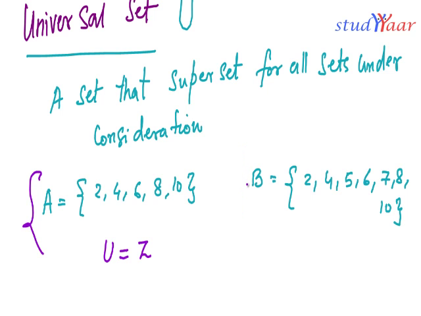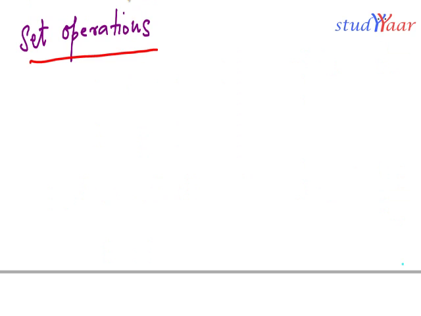For some other scenario, the universal set is going to be different. Now we are going to take a look at set operations, all the operations that are allowed on sets and their meaning. The first operation we are going to consider is the complement operation.